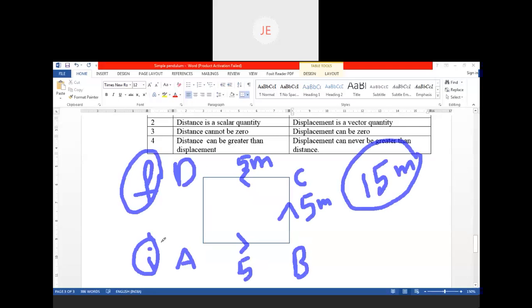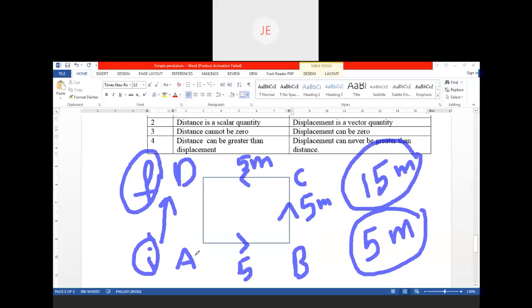So A to D, displacement is 5 meter only. It is a square of side length 5, so A to D is 5 meter.